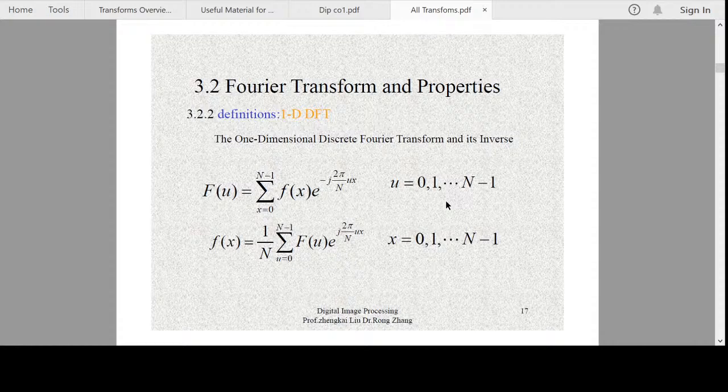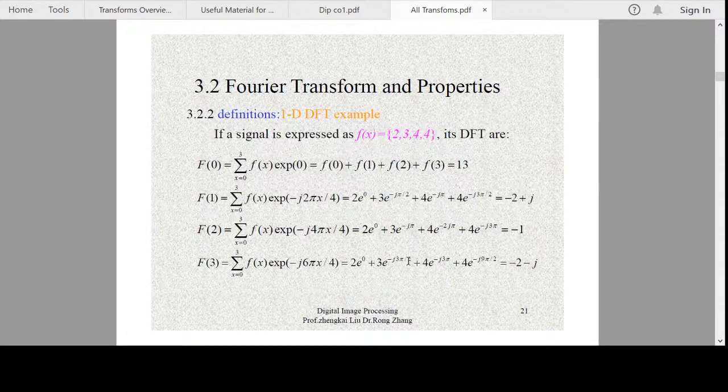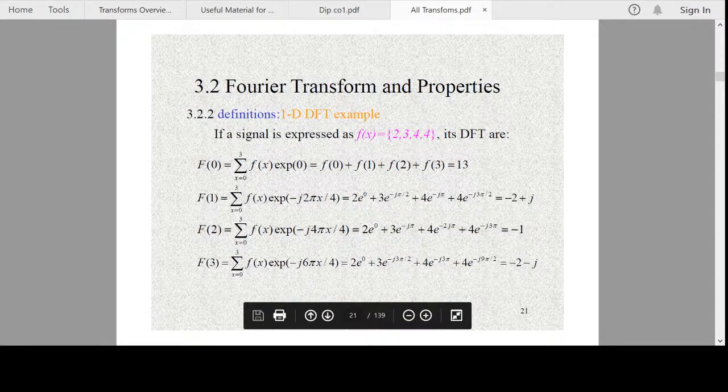So by using this formula, you can calculate capital F of u, four values. Once you calculate these four values, your DFT is done. You represent the DFT in a matrix. Right now, it is a one-dimensional DFT, so simply represent it as a set of four values.